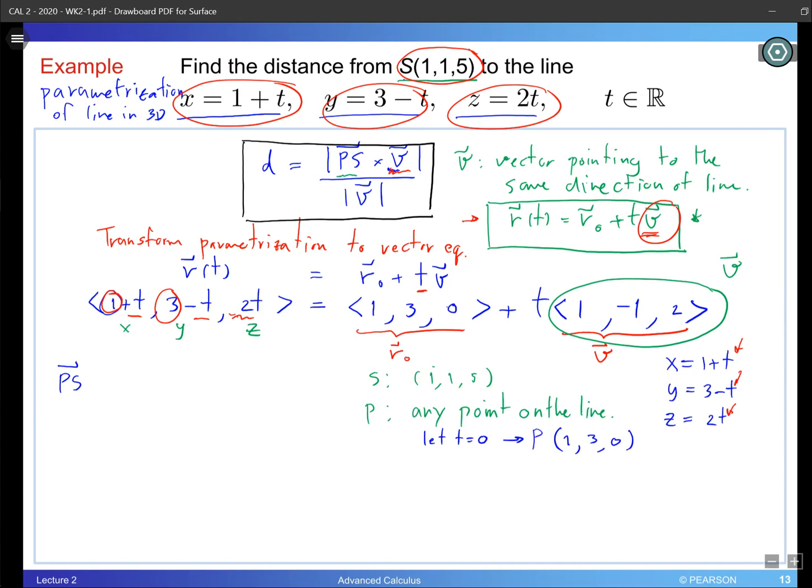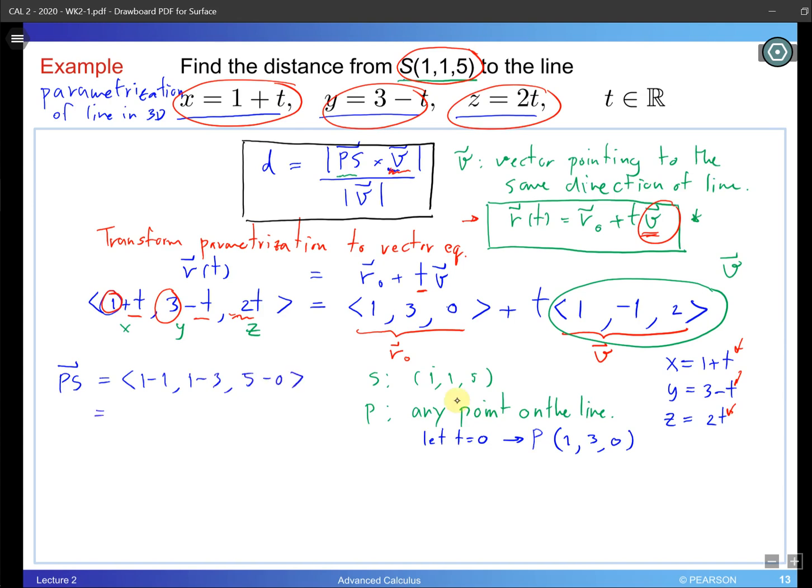Now with this point P and point S, I can find the vector PS by subtracting the components of the initial point from the terminal point. Starting with the x component, 1 minus 1. Second component, 1 minus 3. And the z component, 5 minus 0.